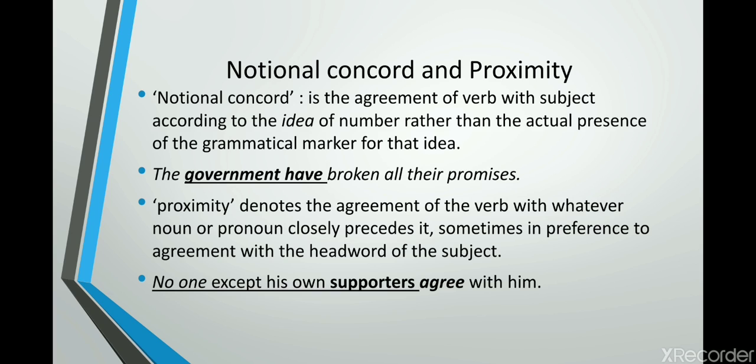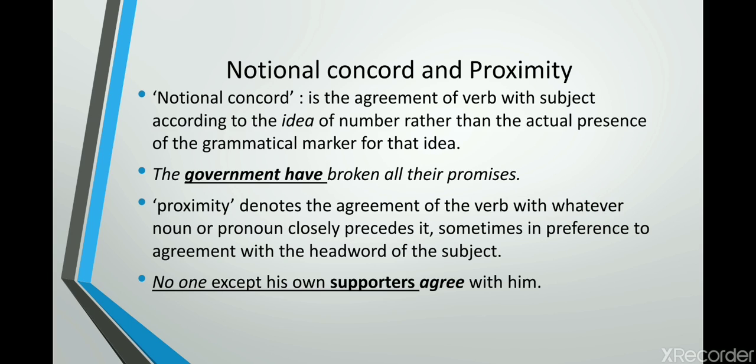Now we come to the idea of notional concord and proximity. The notional concord refers to the agreement of the verb with the subject according to the idea of number rather than the actual presence of the grammatical marker for that idea. So what do we mean by this?